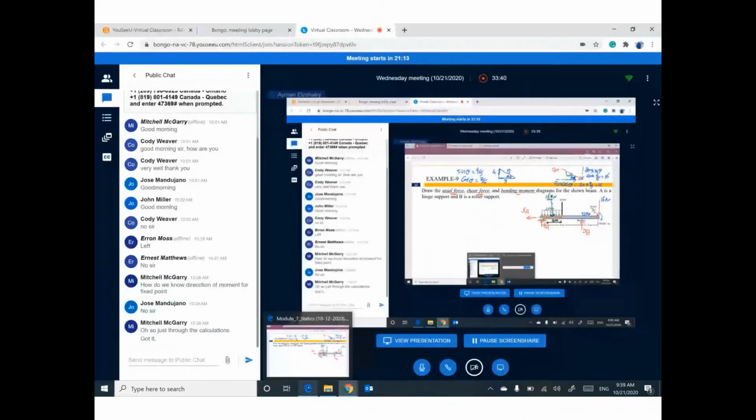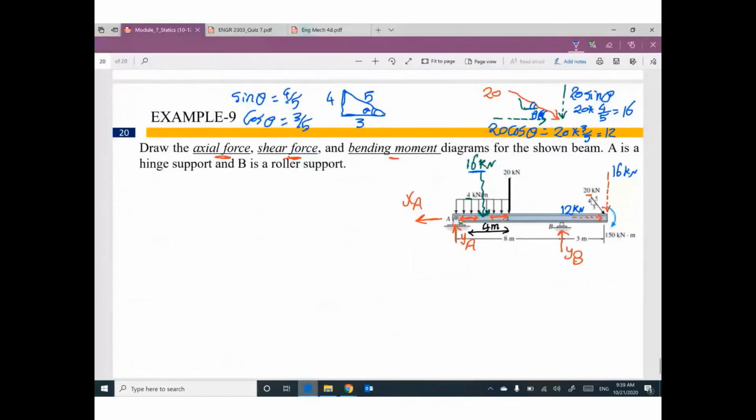If you still cannot understand these steps, please go back to the recorded videos for reactions, module number 5, rigid body in equilibrium in 2D. I set up everything. Please go ahead and apply equilibrium equation.